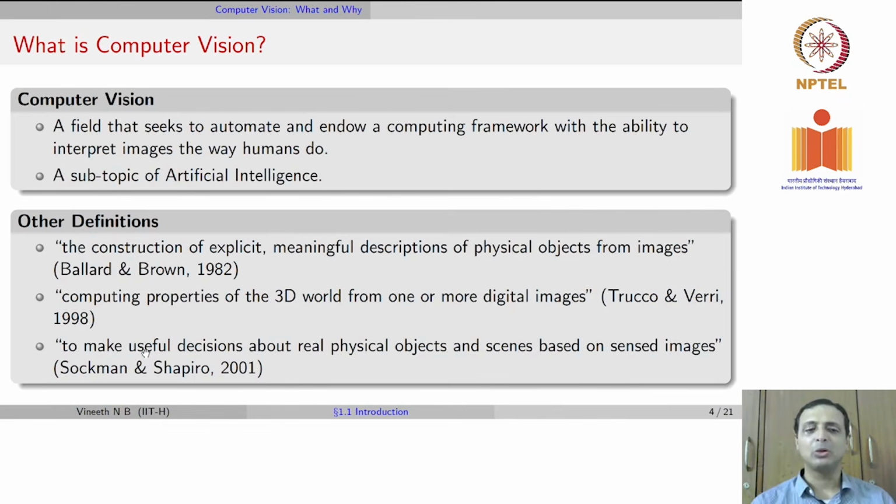Or as Stockman and Shapiro say, to make useful decisions about real physical objects and scenes based on sensed images. And one thing that I should mention here is when we say images, we also mean videos. Images is more a placeholder for the visual world that a camera captures. It could be images or videos in this particular context.